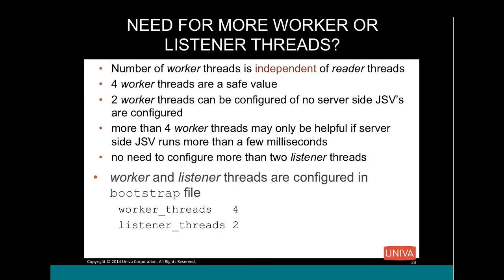The reason you could lower it is because if you're using server-side job submission verifiers, then one or more of those threads is being used to process the job submission verifier. Now, you may get into a situation where you might need more than 4 worker threads, but that really would only help if you have a server-side job submission verifier that runs too long, for say more than a few milliseconds.